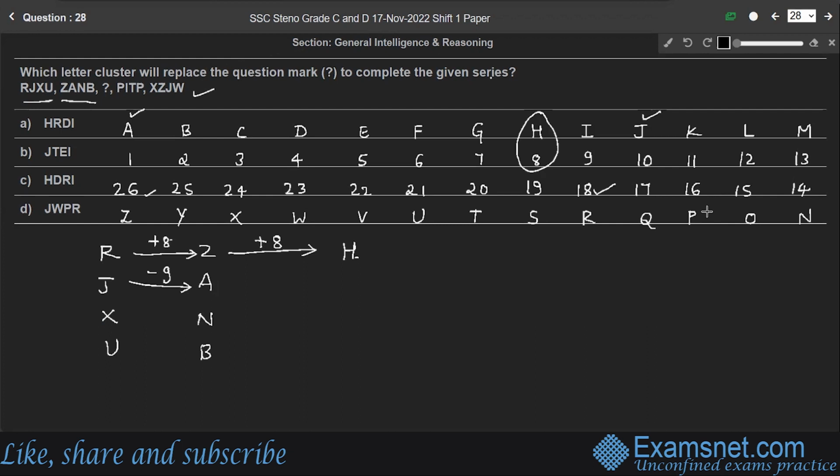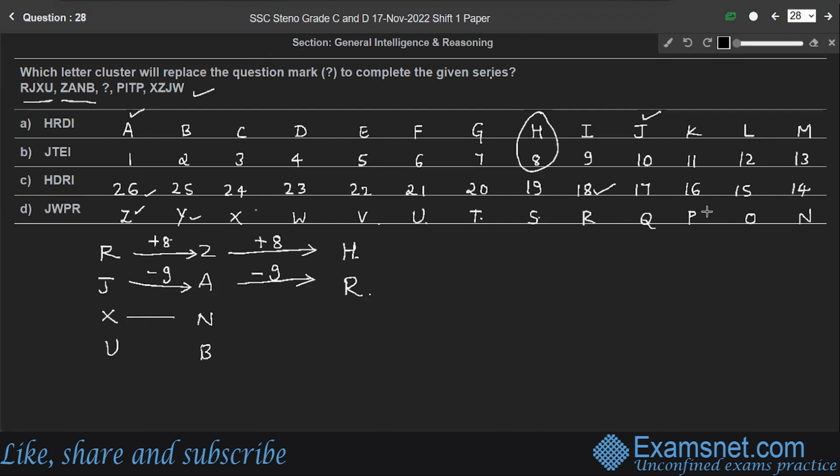So to get the second letter of the next cluster, 9 should be subtracted from A. Since A is 1, subtracting 1 gives Z, and counting 2, 3, 4, 5, 6, 7, 8, 9 you will get R. So A minus 9 is R.